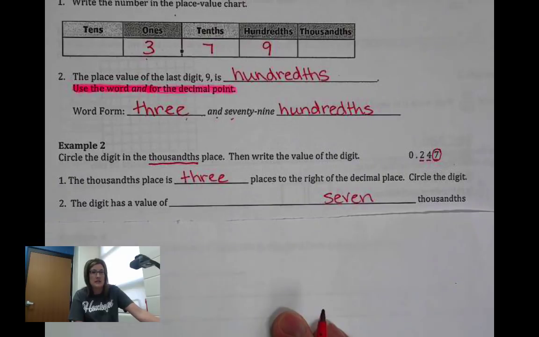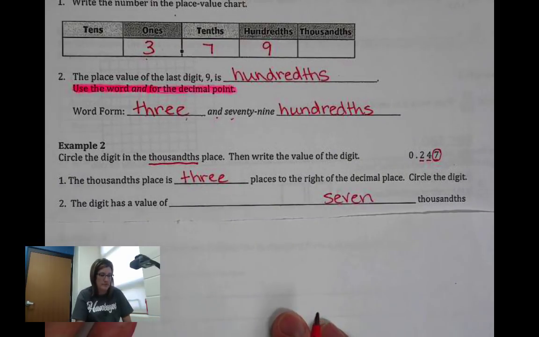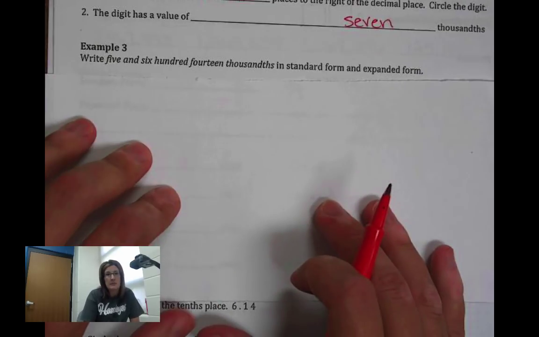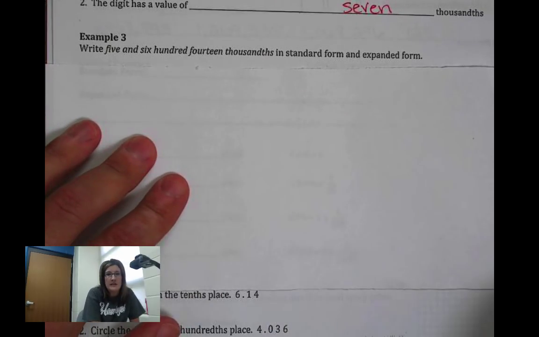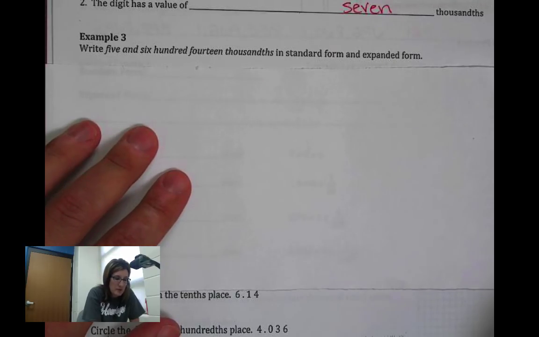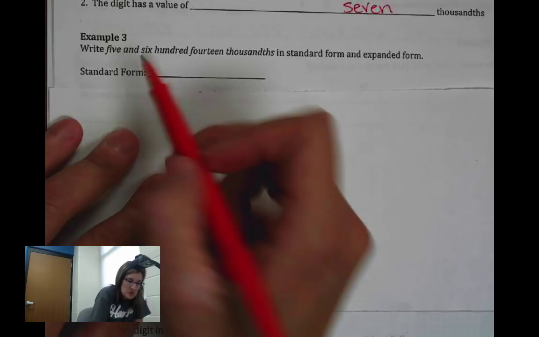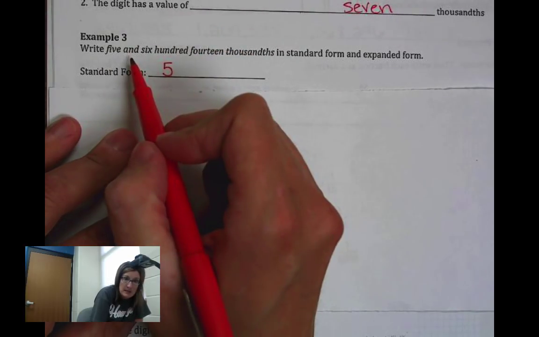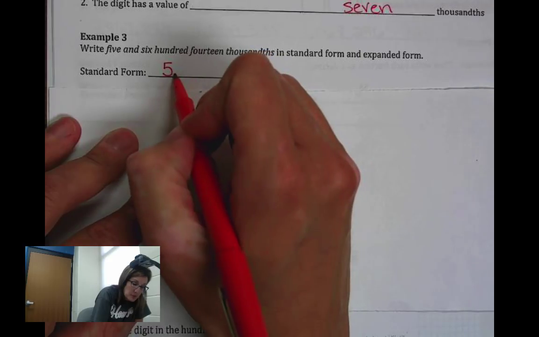All right, we're going to get into some expanded form now. So they give you the word form for example 3. Write 5 and 614 thousandths in standard form and expanded form. So let's first write just the number. So we have 5. And what did we say that and meant? Decimal point.